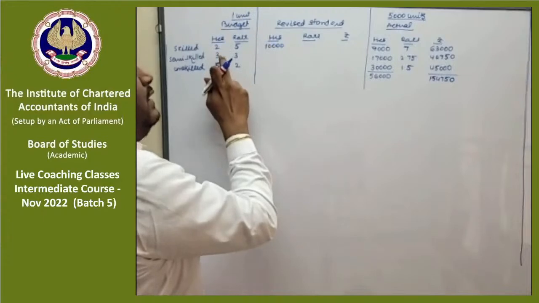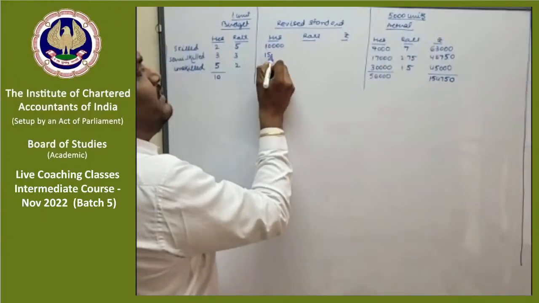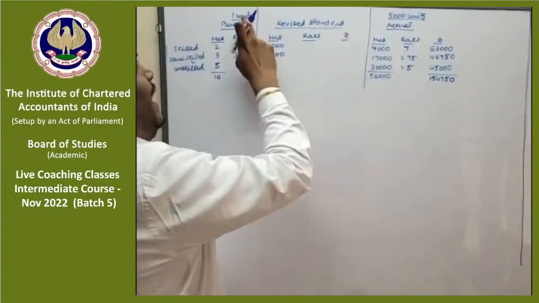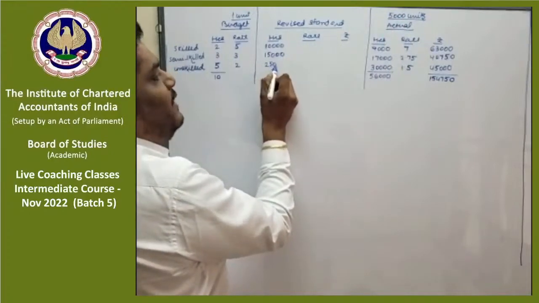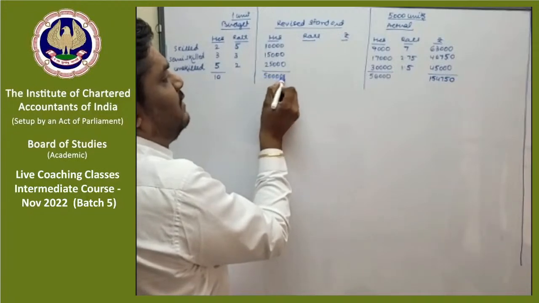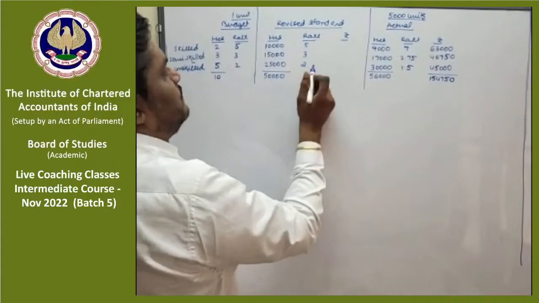Again 1 unit, 3 hours. So 5,000 units, 15,000 hours. Again 1 unit, 5 hours. So 5,000 units, 25,000 hours. So total 50,000 hours. The rate will be 5, 3 and 2.